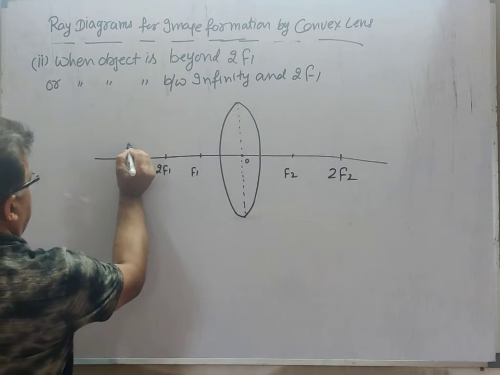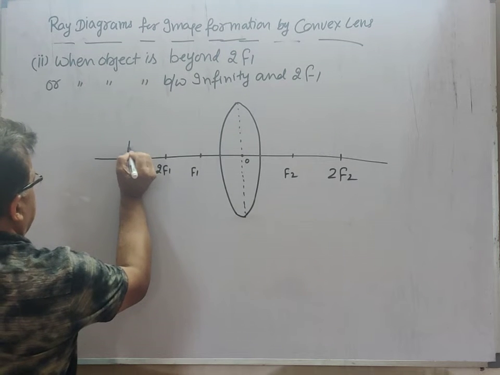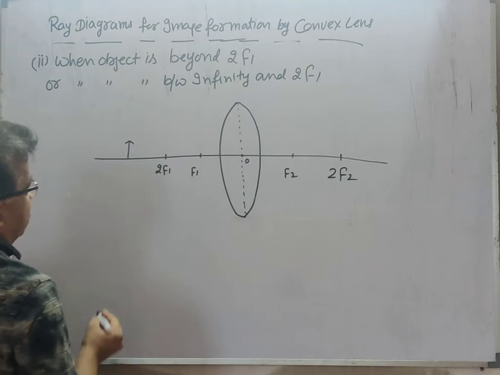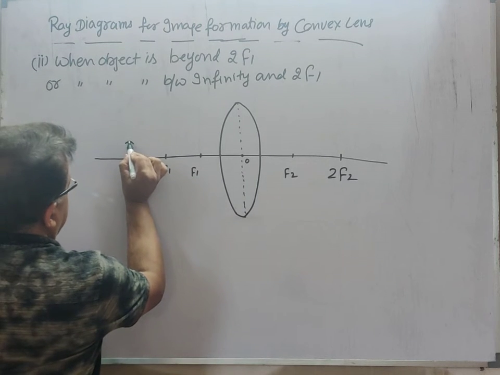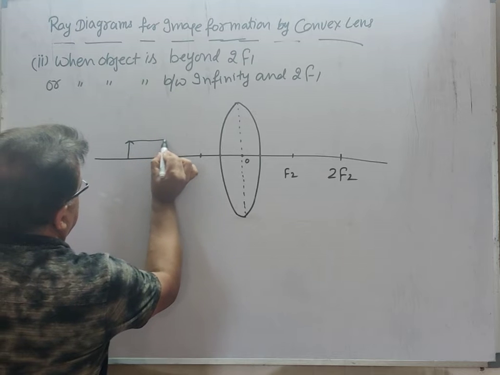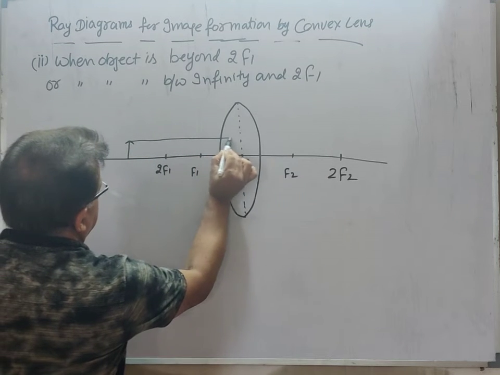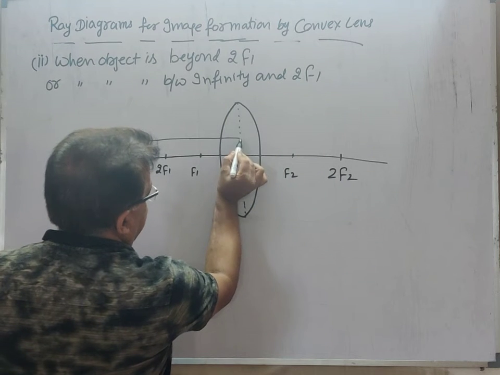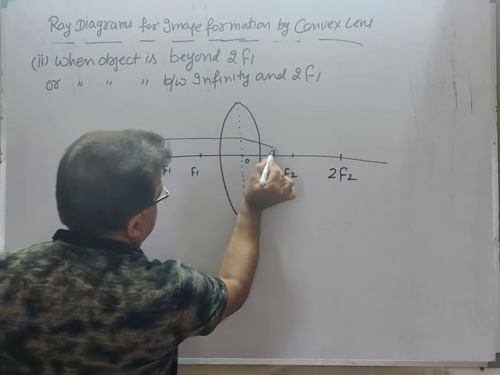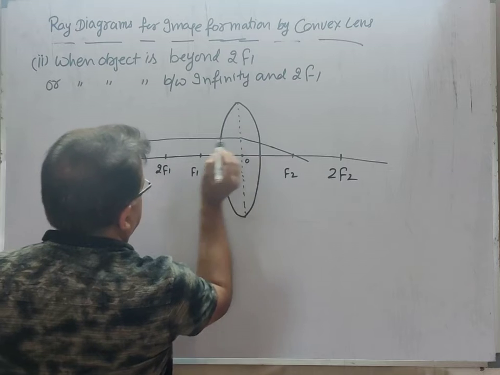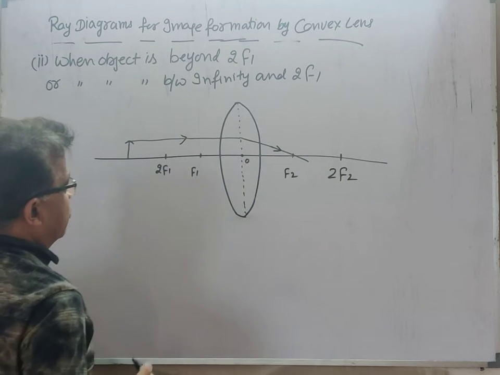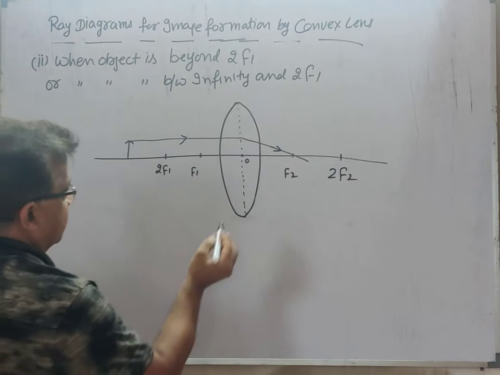So you will show the object here, and we will show one incident ray parallel, and after refraction it passes through the principal focus of the other side.